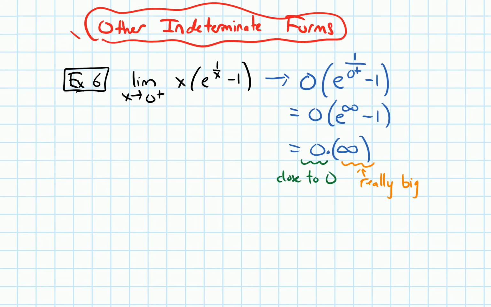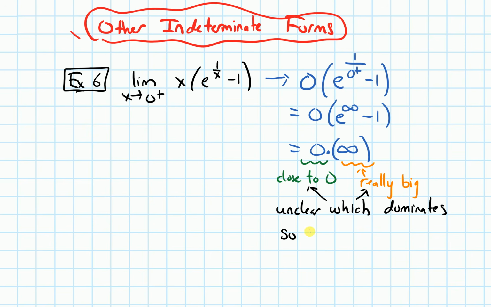Typically, when you multiply by a number that's really close to 0, it makes the whole thing really close to 0. But on the flip side, when you multiply by something really big, that makes the whole thing really big. So it is unclear which of these two influences, one part getting close to 0, the other part getting really big, dominates.